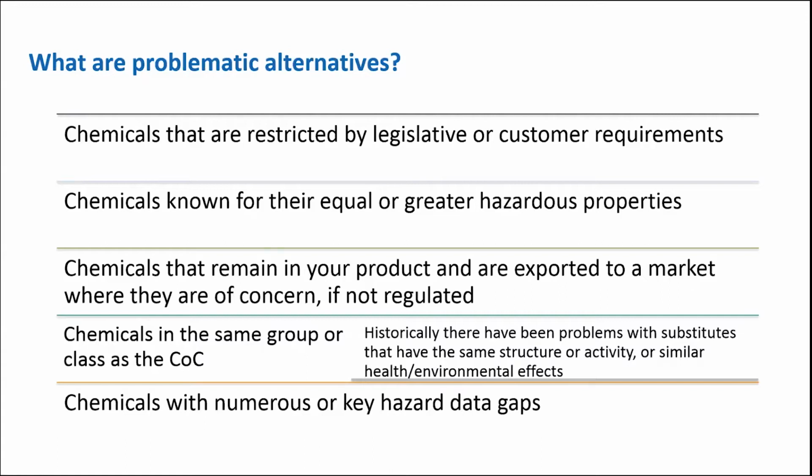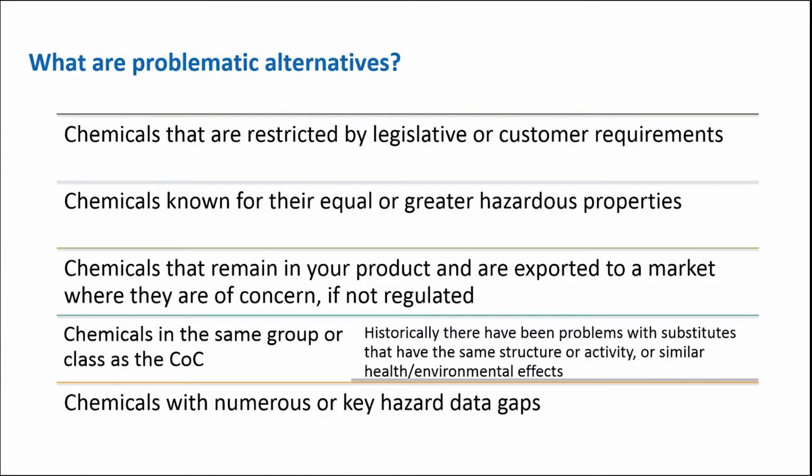For international trade, using substances which remain in the product and are regulated in your export market is a concern, even if they are not restricted in your own market. Use international databases with classifications of substances in different regulatory areas to identify these. Be leery of chemicals in the same group or class as the chemical of concern.